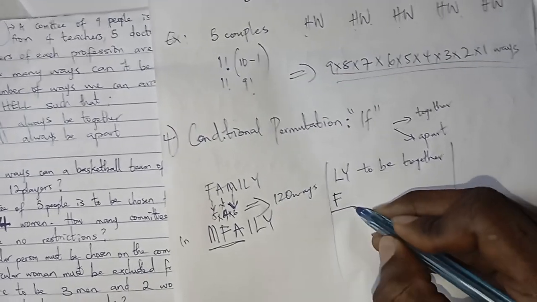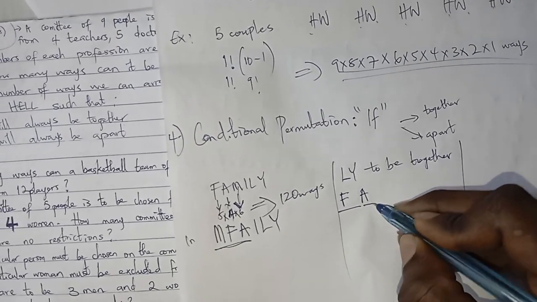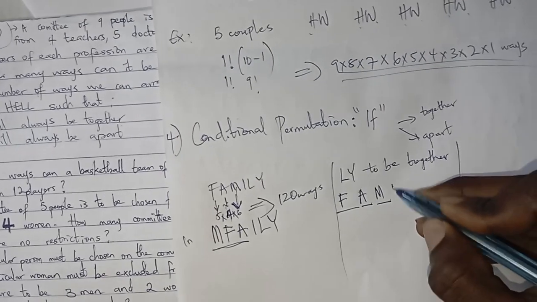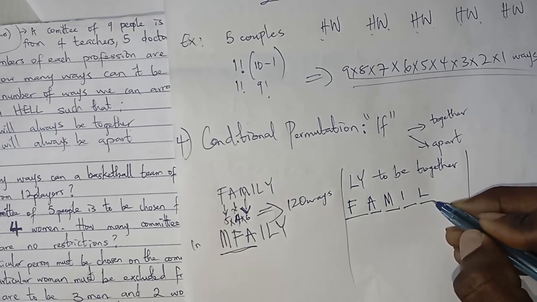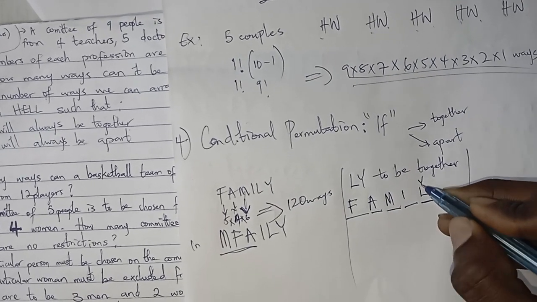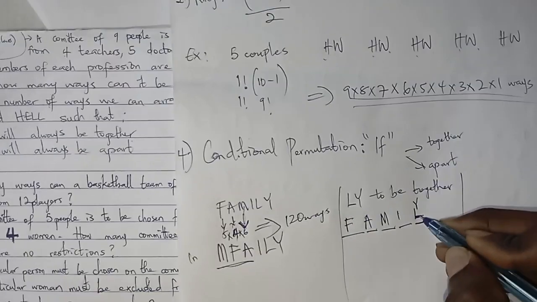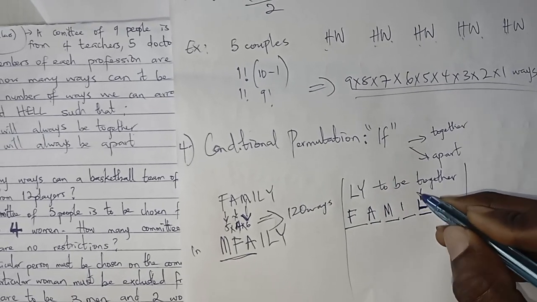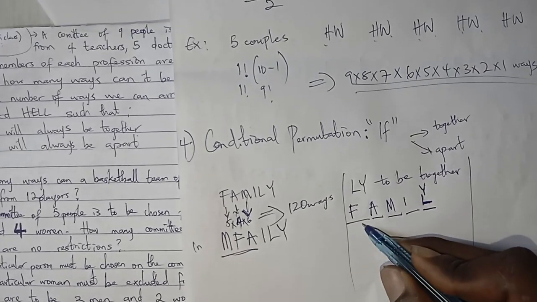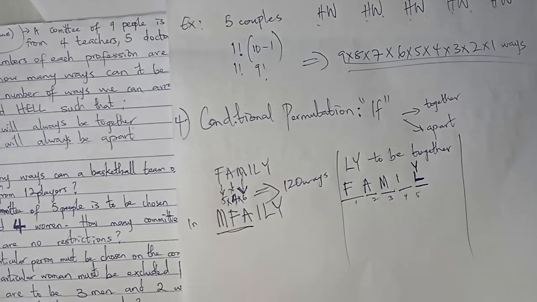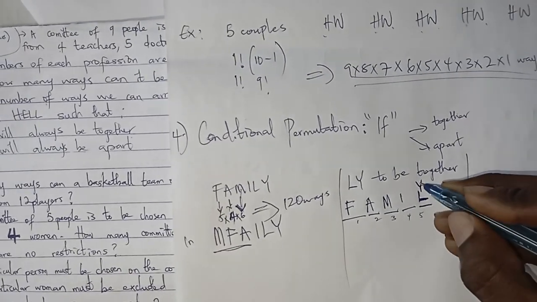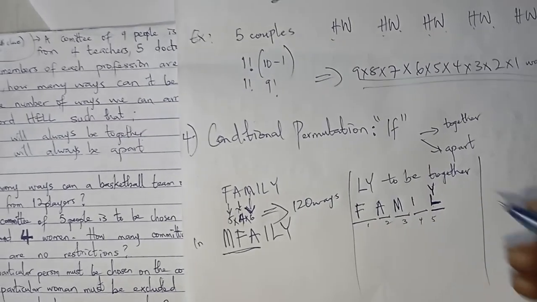Let's F A M I L Y. They want it to be together. Let's say that L is carrying Y. Sit on my laps. L is carrying Y. So see that I now have 1, 2, 3, 4, 5. Is it not true? But notice that L and Y, they are different letters of the alphabet.